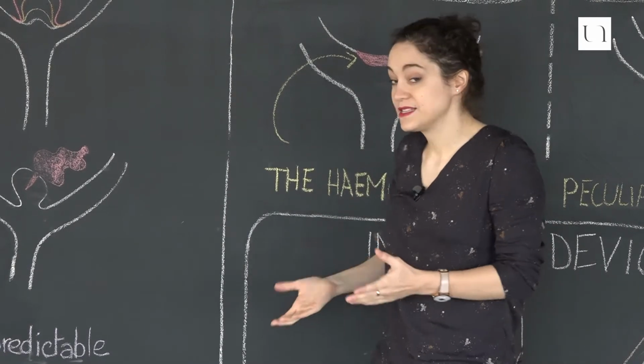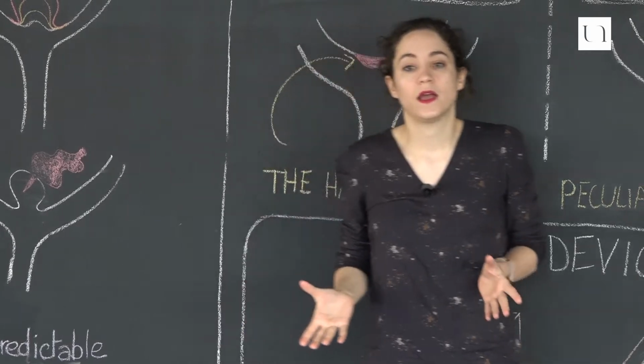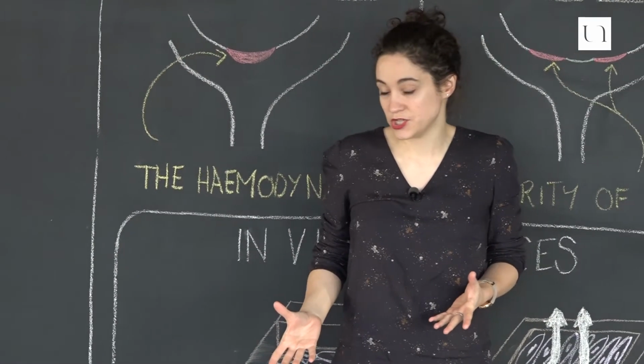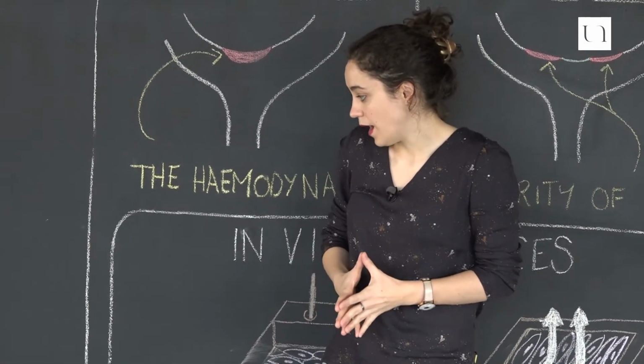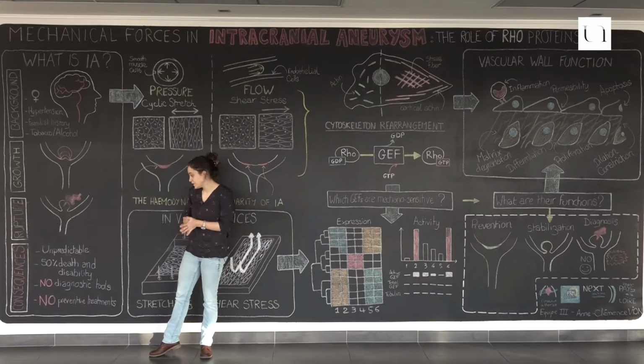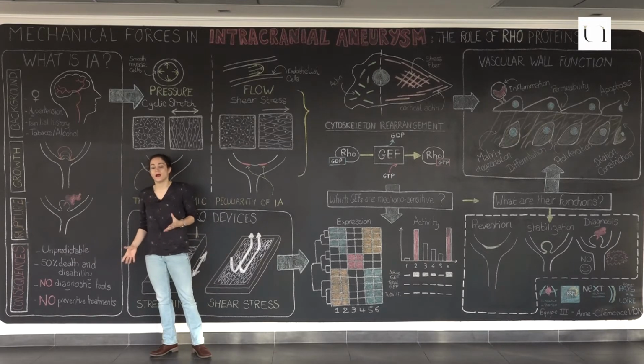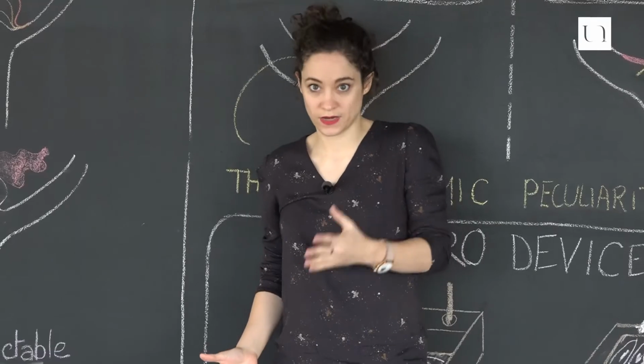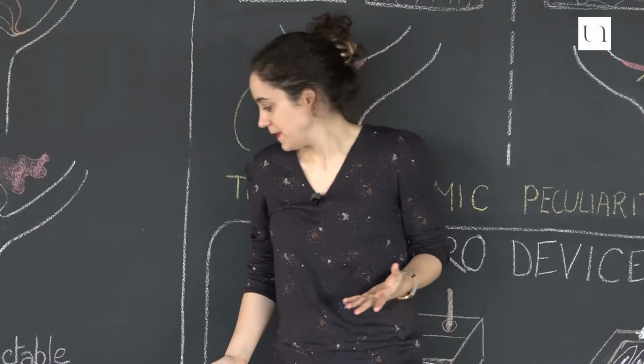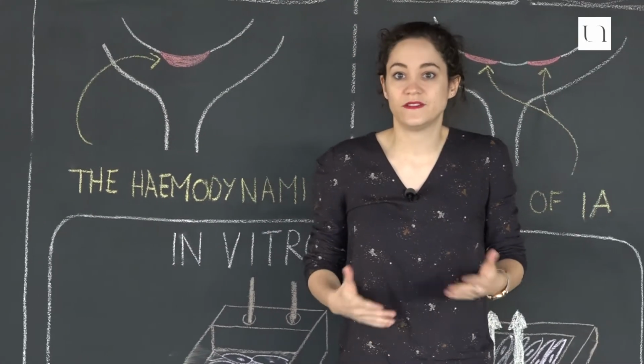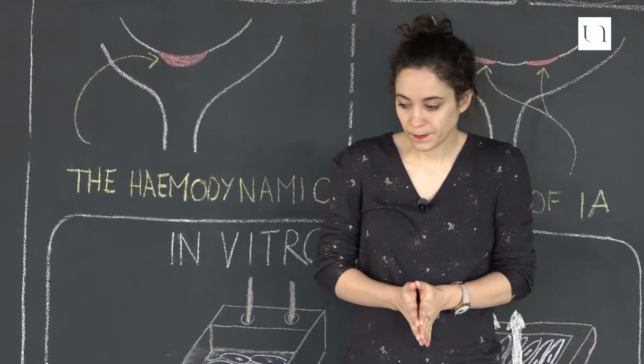And when it's not, it's usually leading to neurological damage. What is also really bad is that currently this rupture is really unpredictable, and there is no diagnostic tool to know if one aneurysm will rupture or not. And there is also no non-invasive preventive treatment.